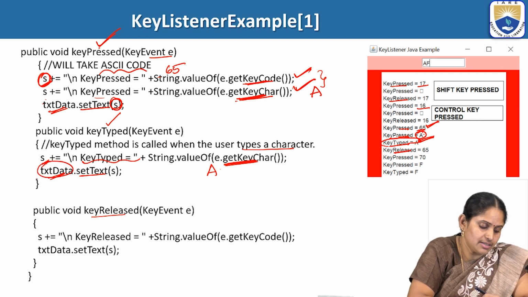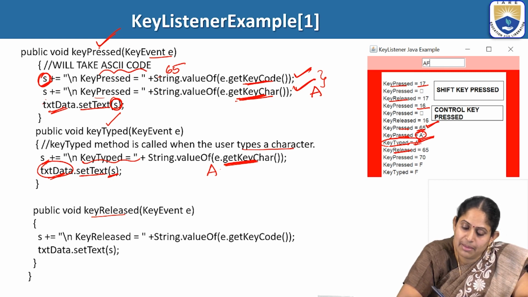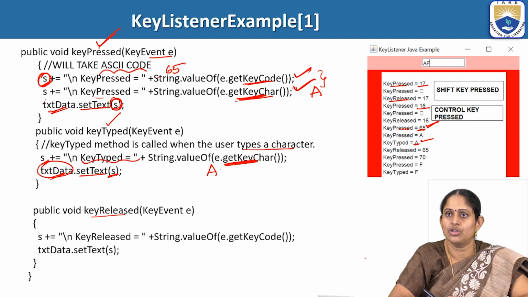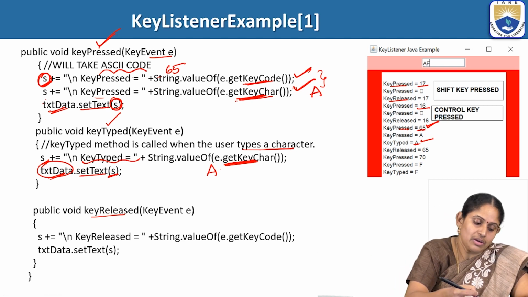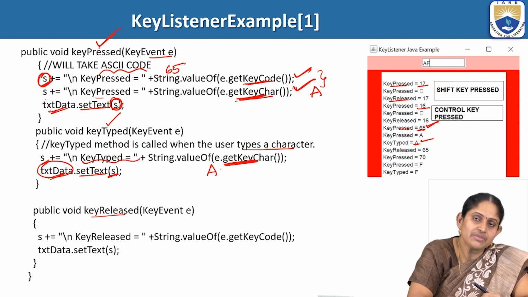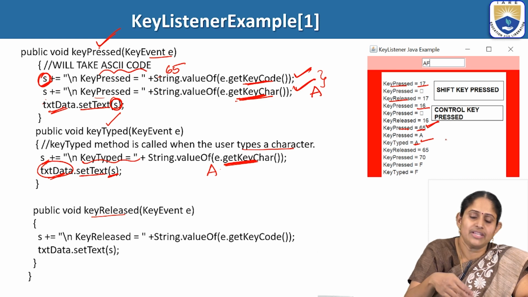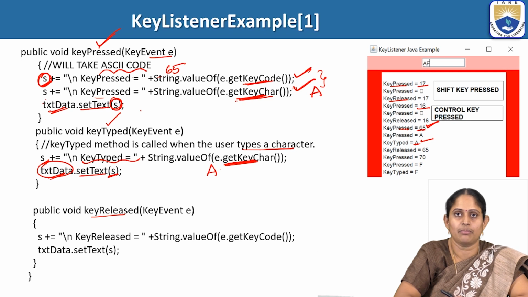That is why we get the message key typed equal to A in the output. Now this key typed will be invoked only when characters are pressed. For other keys like Control or Shift, the key typed method will not be invoked.